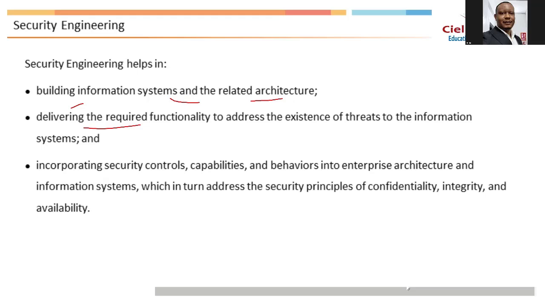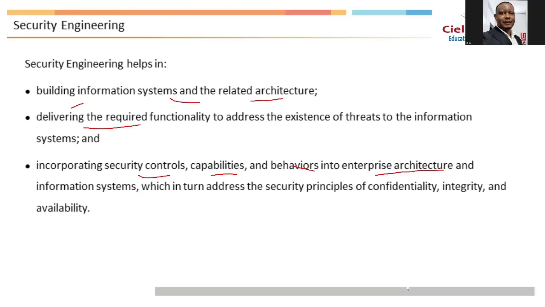All of these are part of what we can achieve in terms of delivering functionality and addressing threats to information systems. Also, incorporating security controls, capabilities, and behavior into enterprise architecture. Security engineering will help us integrate security controls and behavior into the broader enterprise architecture. So this will make sure that security is embedded in every aspect of the system. One of the key things we took a look at earlier, when we were talking about characteristics of information security policy, we mentioned it should integrate every aspect of the organization.